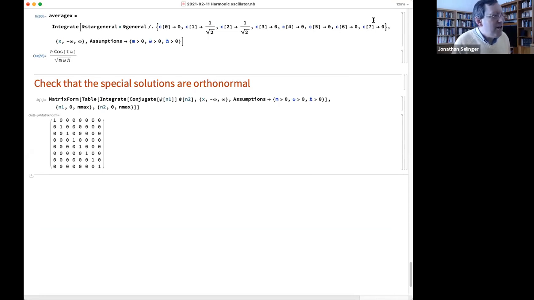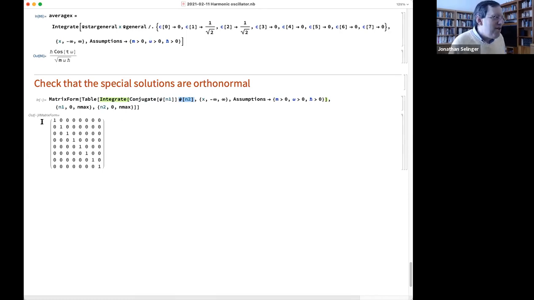Here, I told Mathematica to make a great big table. In the table, I take the conjugate of psi, well, here, instead of L and N, I called it N1 and N2, but same thing, to make a table for different values of N1 and different values of N2. I take the conjugate of psi of N1 times psi of N2 and integrate it for x goes from minus infinity to infinity.